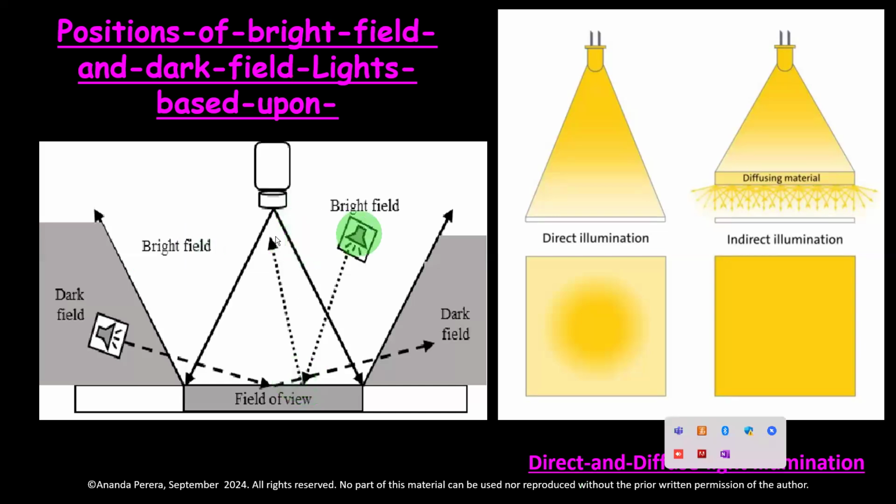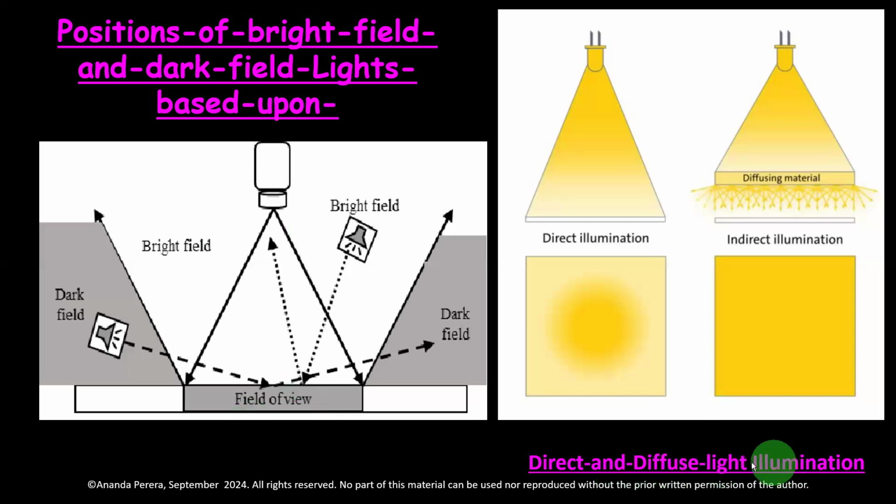It is bright field illumination. If we watch from this side or this side, the light goes here. And dark field, we are watching from here. Completely different vision there. So the positions of bright field and dark field lights are based upon this. This is the bright field light. This is the dark field light. So you have to understand this very well. It is simple.